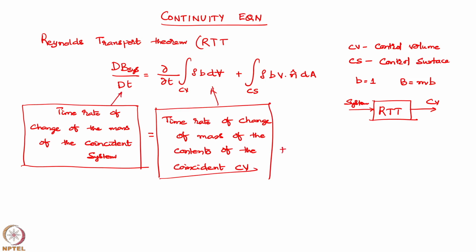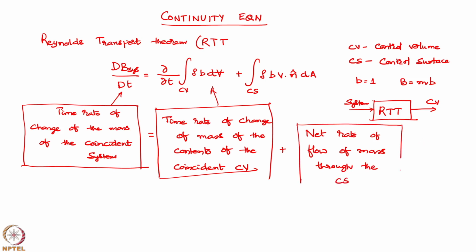Now plus the net rate of flow of mass through the control surface. You will understand what it means in a little while. So this is this term. Basically RTT is a theorem which helps us apply the conservation principles applied for a system to the control volume. That is the main idea.